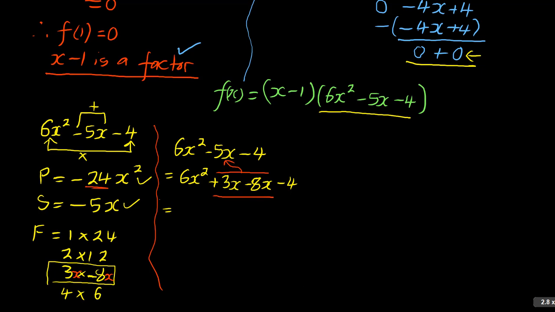How do you factorize? You take the first two and you also consider the last two. So we are factorizing by grouping, which again, as I said, is the previous lesson that we did. If you take the first two, what is common between 6x squared plus 3x? You can see that 3x is common.